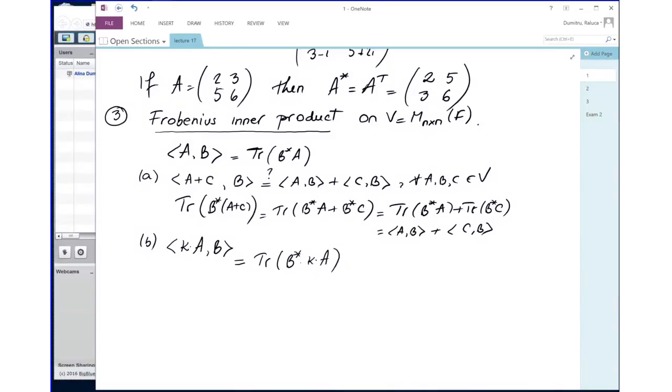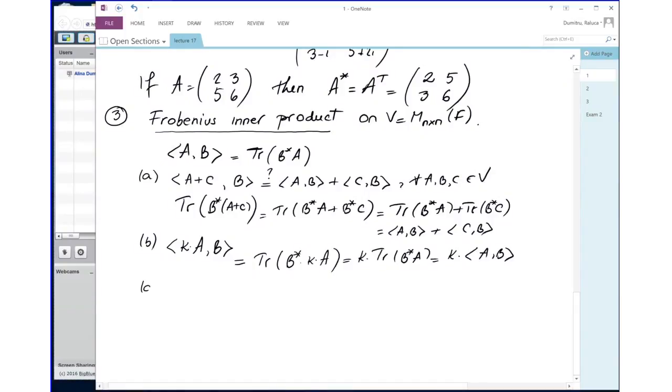Yeah, because you multiply every diagonal entry by K. Trace is just the sum of those, so you can factor out the K. It goes out of the trace. So this is K times trace of B star A, but trace of B star A is what we define to be the inner product between A and B. Okay, property 2 is satisfied.